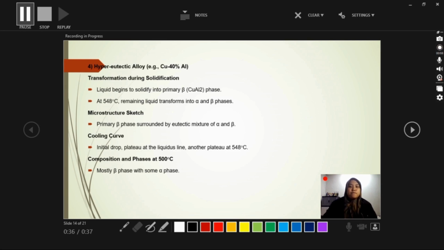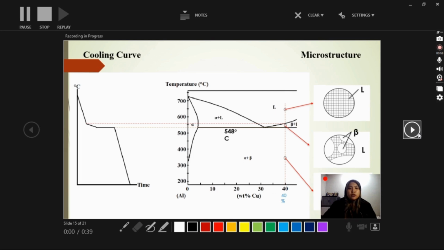Consider a mixture of alpha and beta so that the overall composition of the alloy is placed to the right of the eutectic point. Initially, the alloy is at a high enough temperature to ensure that the mixture is fully liquid.